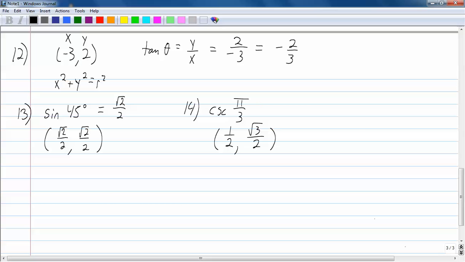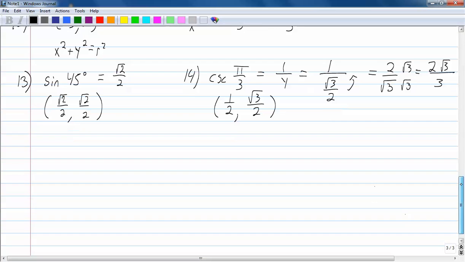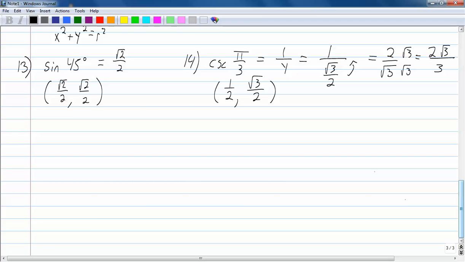Cosecant is equal to 1 over y. So 1 over the y-coordinate is 1 over square root of 3 over 2. So you flip and multiply, and you get 2 square roots of 3 all over 3. And that's your answer.